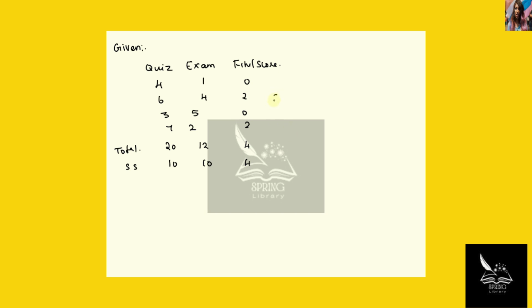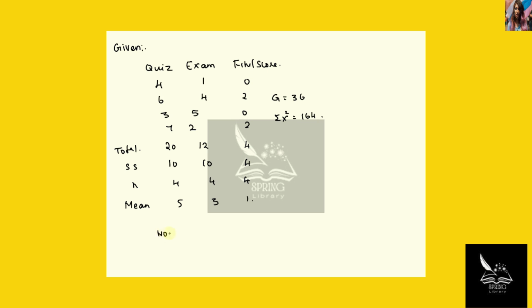They also gave that G is equal to 36 and the sum of x square, which is 164. Now the n value is 4, 4, 4, and the mean averages are 5, 3 and 1.